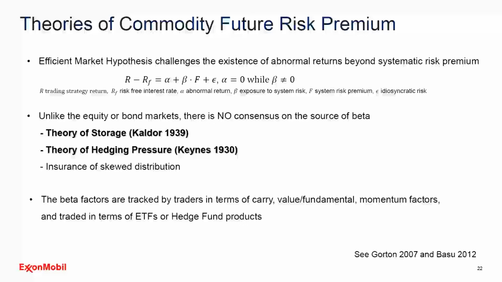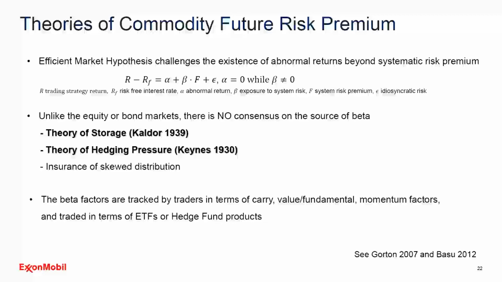And alpha basically represents the trader skill. The efficient market hypothesis basically argues against trader skill, or that you can easily beat the market, and everything shall be based on some systematic risk, even though this systematic risk may not be only represented by the S&P 500.